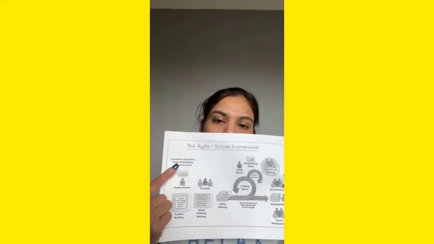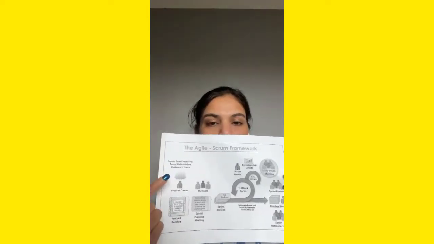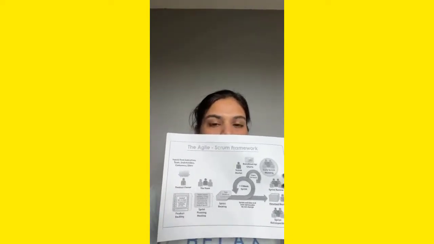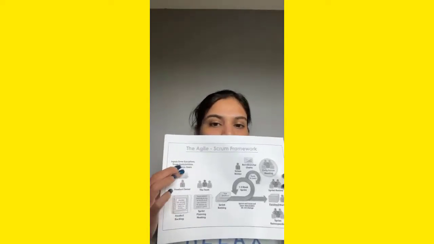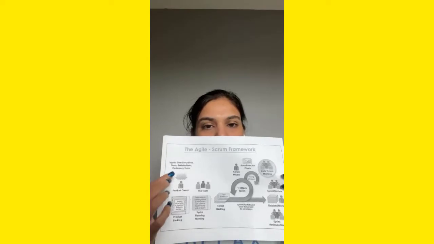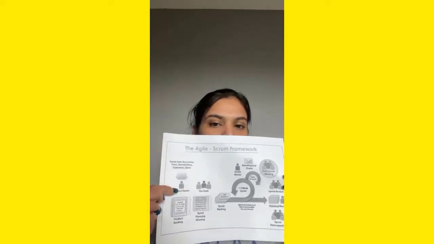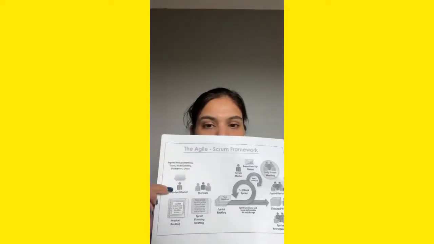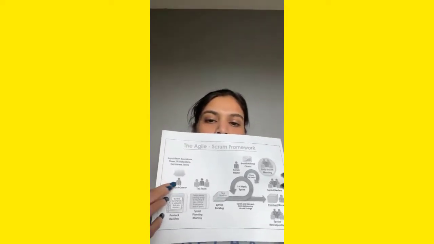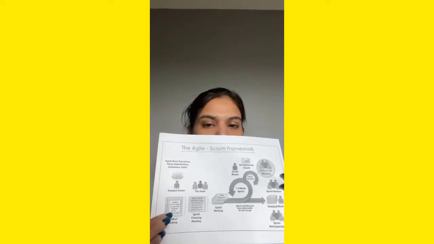To explain each step, the stakeholders come up with an idea or a concept to develop a product. In the organization, the product owner takes up the idea or the concept and divides it into a list of tasks on a priority basis.